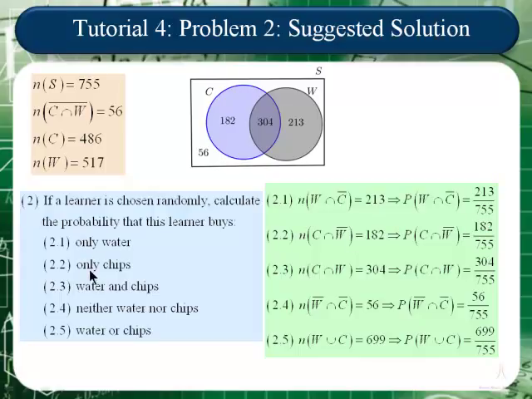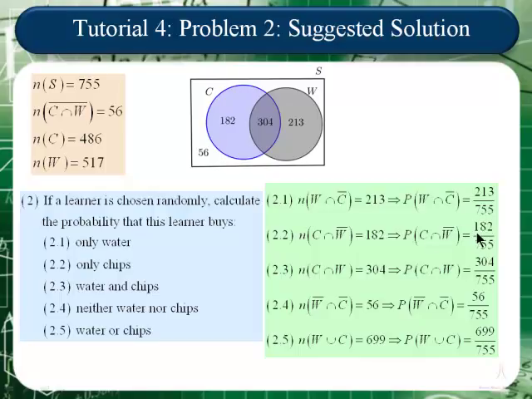The probability that he will only buy chips but not water. This is what this means. Chips but not water. So it's inside the chips diagram but outside the water one. And in that particular area we find there's 182 learners. So the probability that the learner will buy chips only is the cardinal number, which is 182, divided by the cardinal number of the sample space.